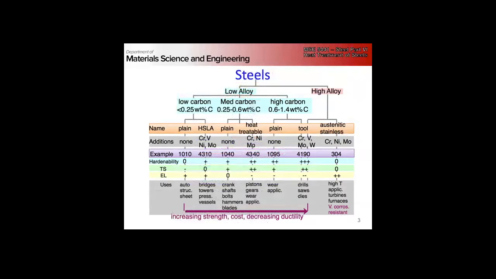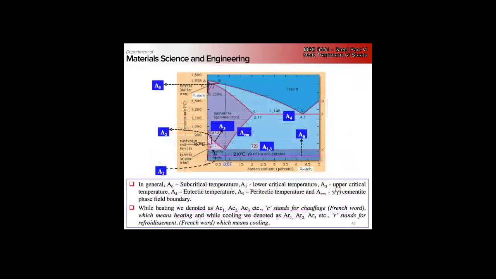With the tool steels being very high strength, very high work hardening rates, but limited in ductility, and then stainless steels, or austenitic stainless steel. So as we go from left to right on this, we have low cost, low strength, high ductility to high cost, high strength, low ductility as we move across the chart.